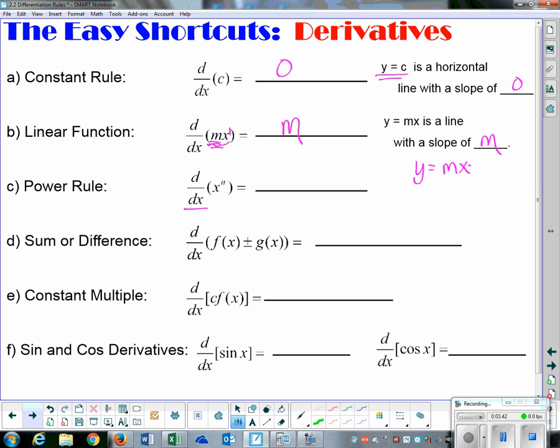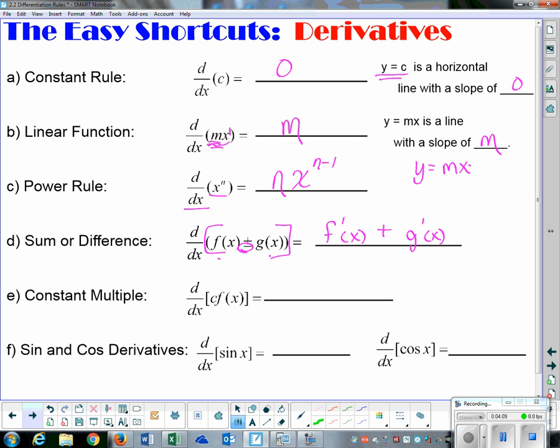Here, the derivative of x to the n, this is called the power rule. n comes down in front, and I get x raised to the n minus 1. I reduce the power by 1 degree. The derivative of two functions here, f and g, can be split up so that we take the derivative of the first one and add it to the derivative of the second one.